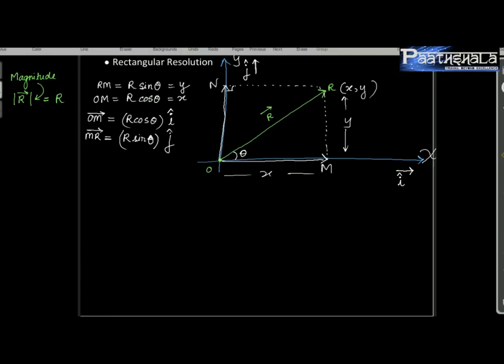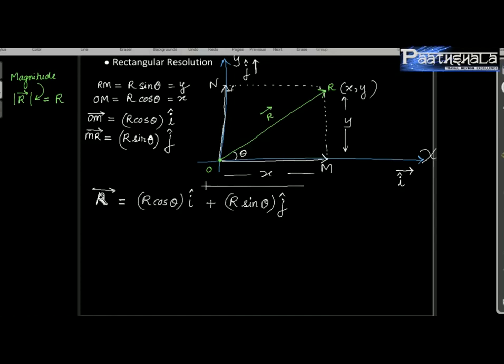And so if I have to write the entire vector r, I can write the entire vector r bar is equal to r cos theta i cap plus r sin theta j cap.